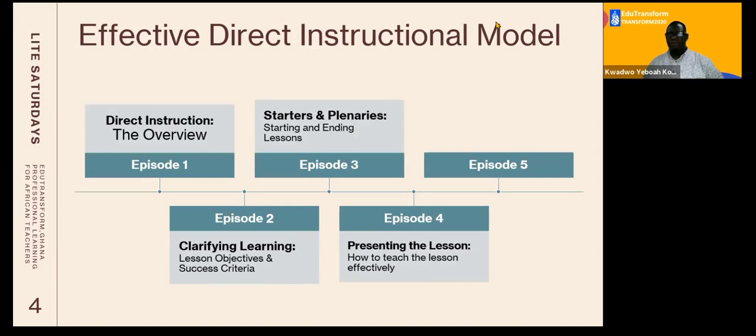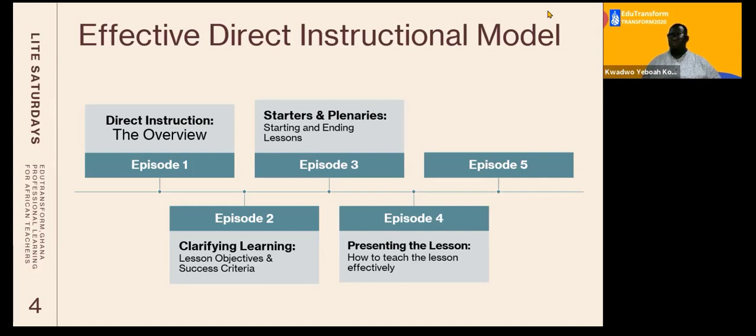In episode 1, we looked at direct instruction, a general overview. In episode 2, we looked at learning objectives and success criteria. In episode 3, we looked at the concept of starters and plenaries.